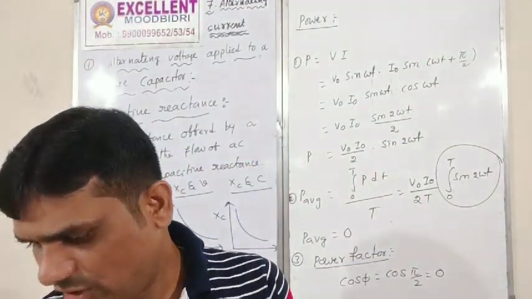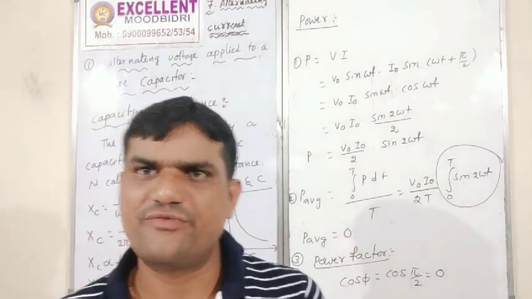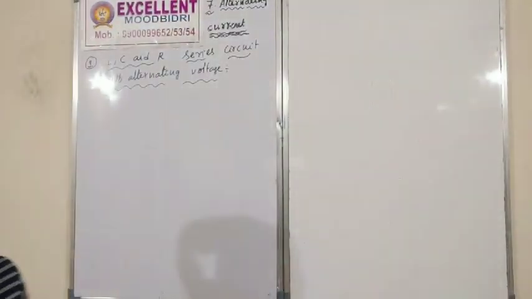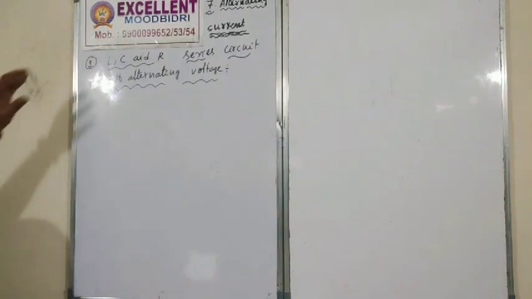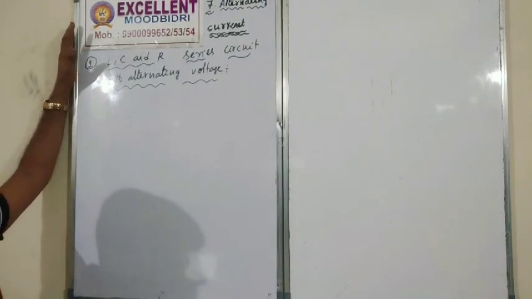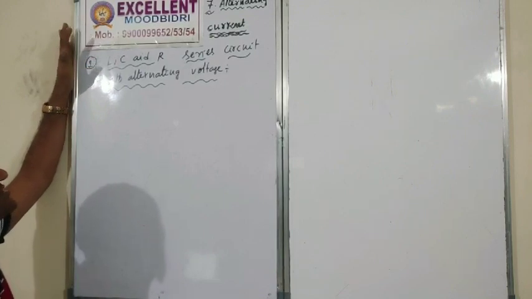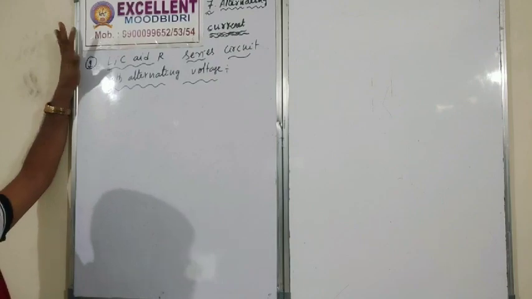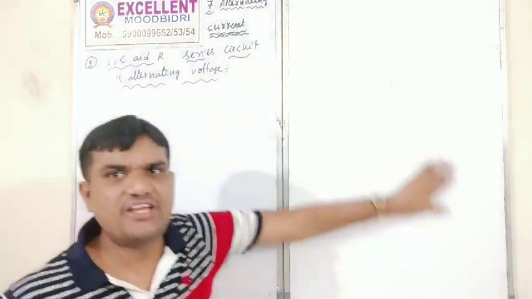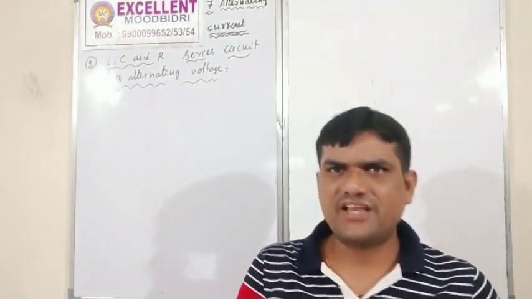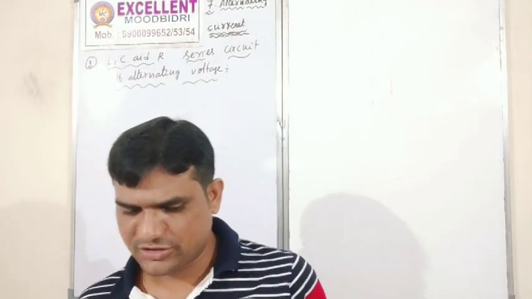Next, we want to follow the LCR circuit. Very, very important question. This is a 5-mark question: L, C and R series circuit with alternating voltage, the series LCR circuit.